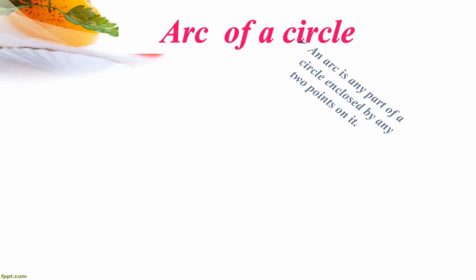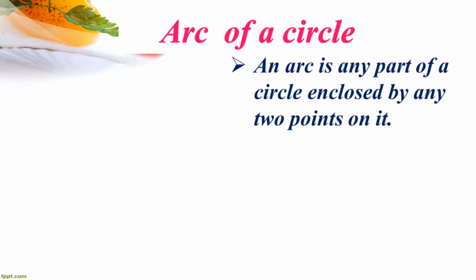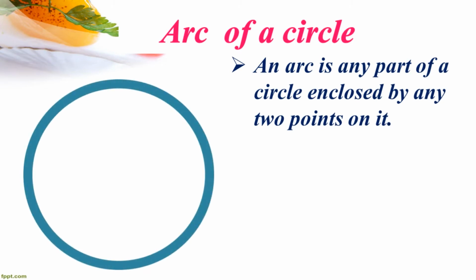So now let's see arc of a circle. An arc is any part of a circle enclosed by any 2 points on it. That is, any part of a circle is called an arc of the circle.